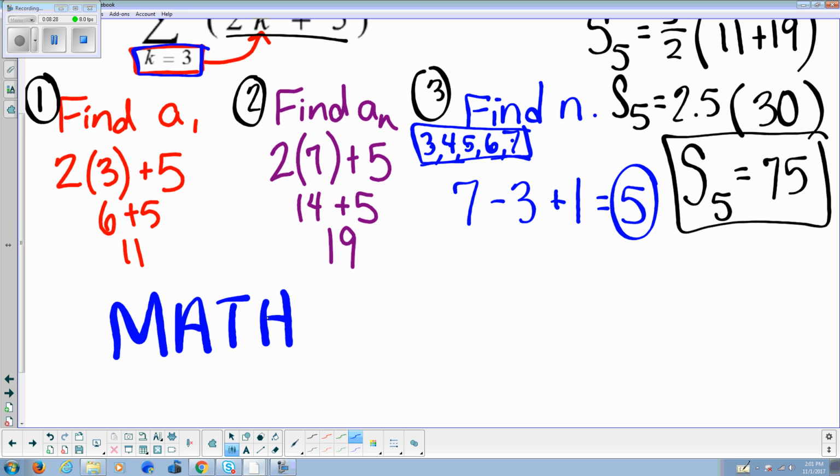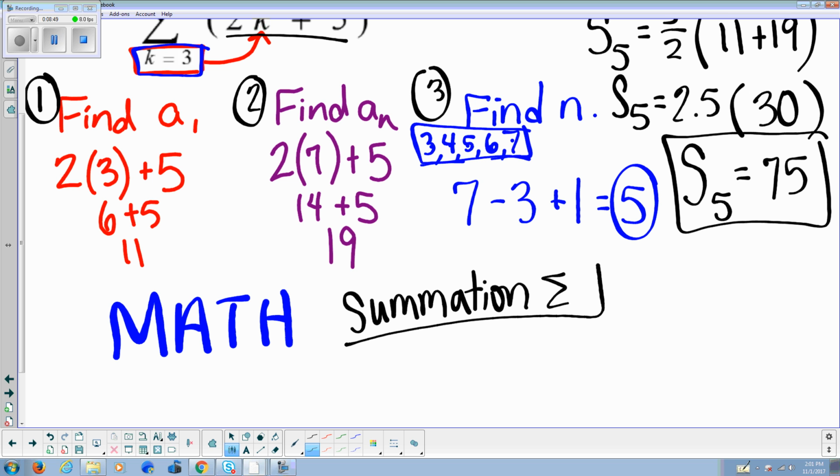So if you will push the Math button and then scroll through the list until you see where it says Summation. It's choice 0. And it's got the Greek sigma there. Okay? So you can choose that by hitting Enter.